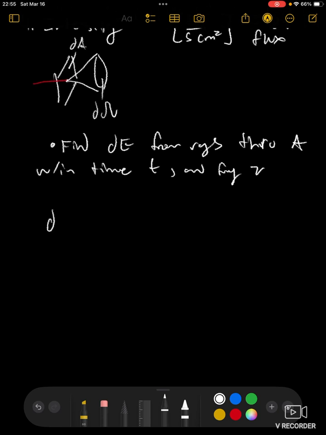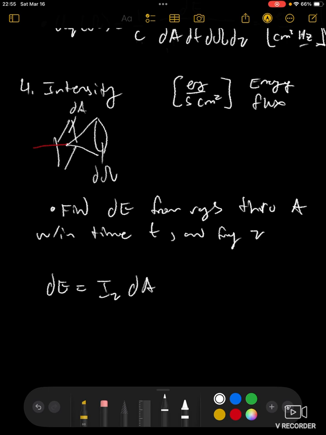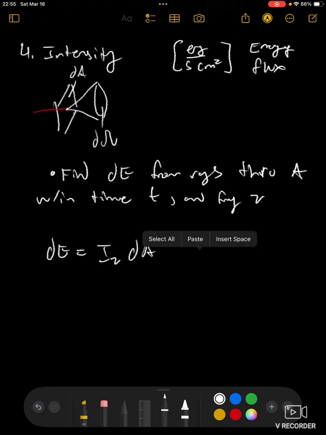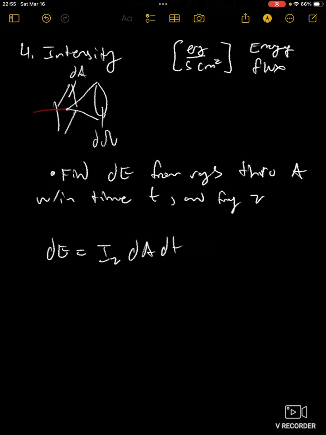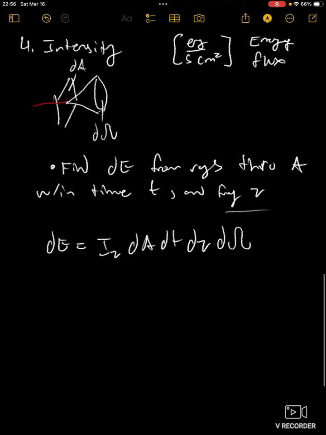So what does that mean? We put that all together when we're looking for the energy. Well, we're going to get the intensity, of course. Then we have dA, because we're assuming it's going through this area right here. Then we're looking at dt, because we want to know it at some function t, so we want to multiply it by t or some differential of t. We also want to know it by the frequency, as we said right here, and by the solid angle, as we are taking the solid angle over here.